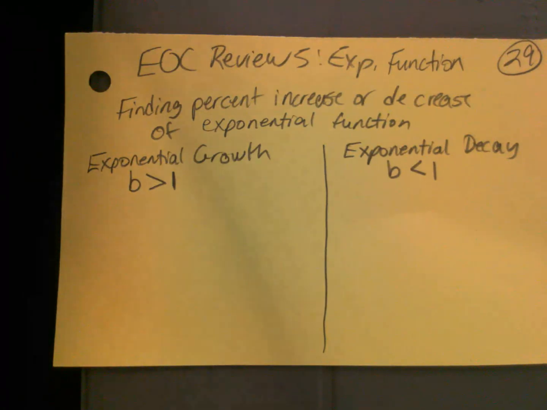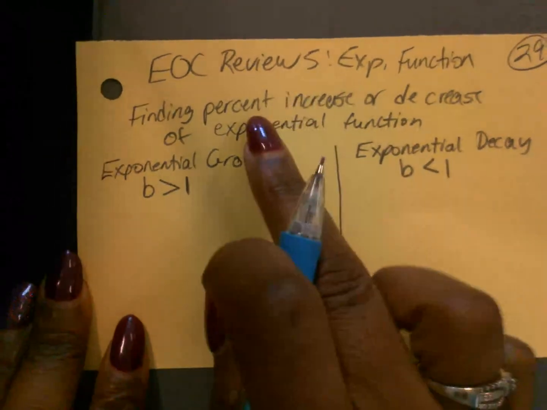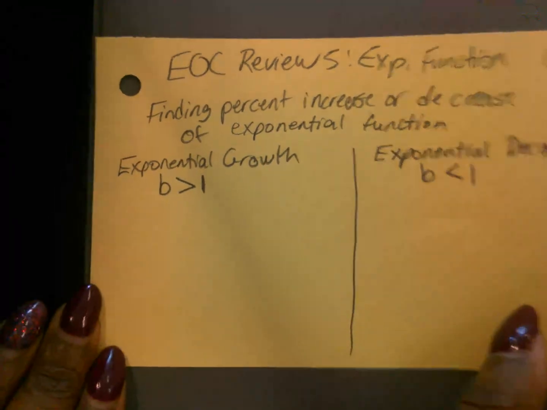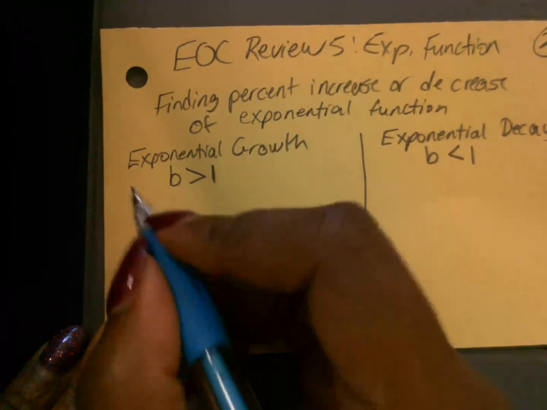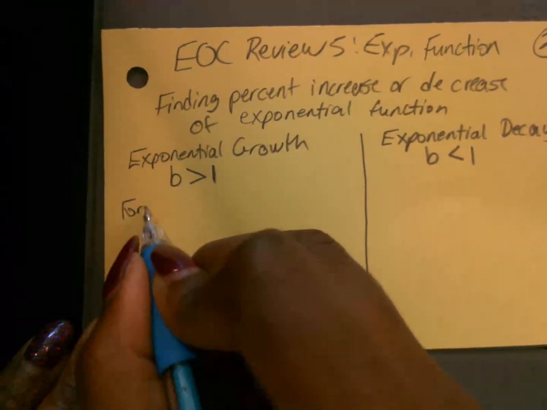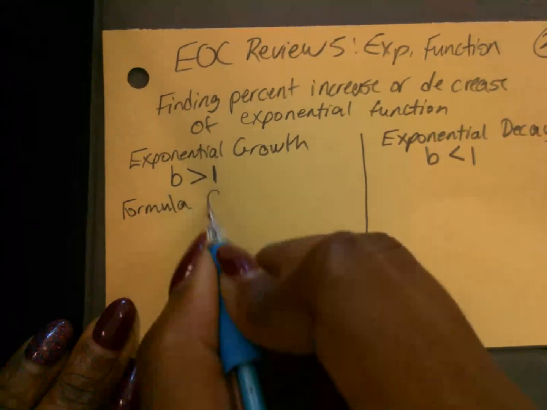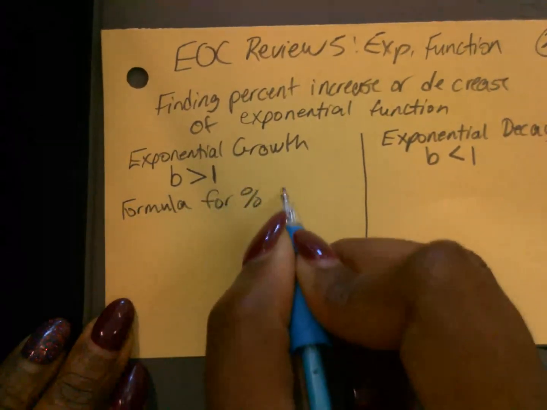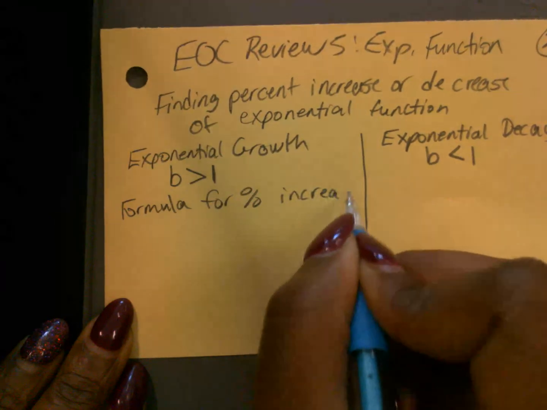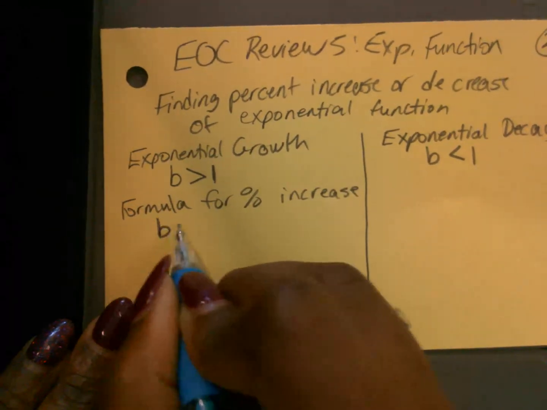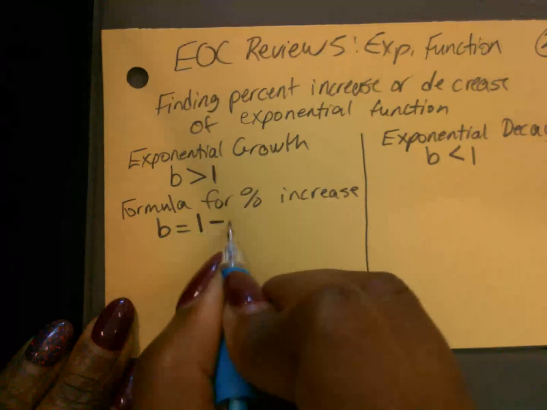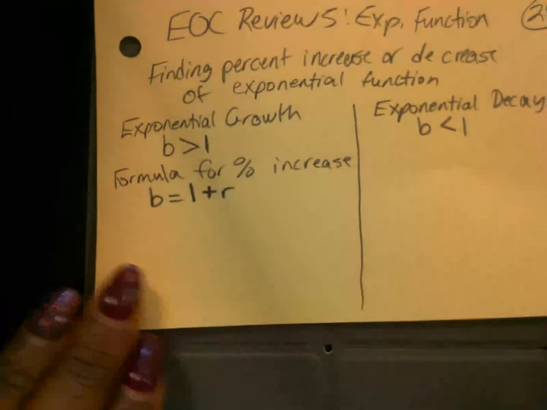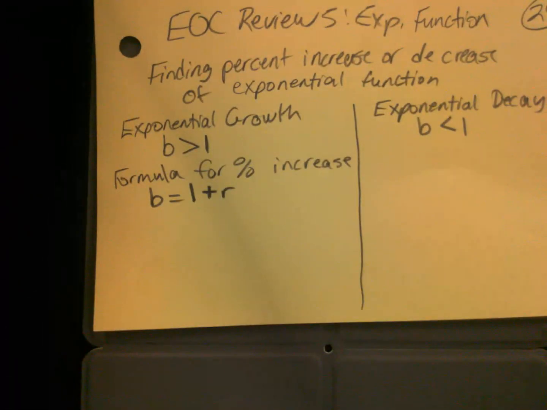All right, so listen, if you're finding the percent increase, you're using the formula b is equal to 1 plus r. That's the formula for percent increase.